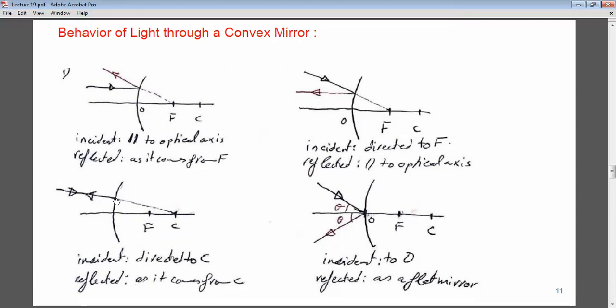If it is going as if toward C, it will be reflected as if it is back from C. And if it is hitting at O with an angle theta, it will be reflected as if it is coming out from a flat mirror with angle theta.